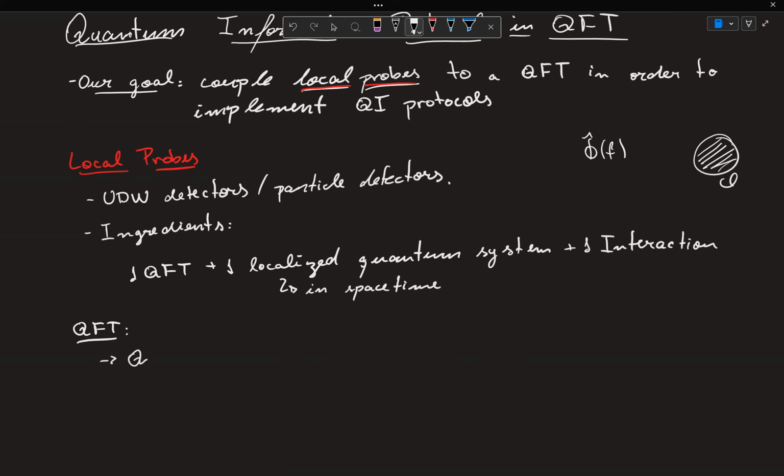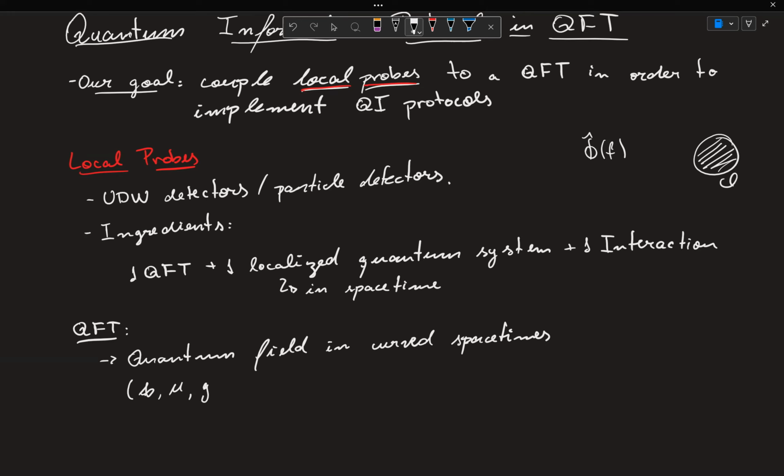We need a quantum field. We're going to follow the algebraic formulation that we reviewed yesterday. So quantum field in curved spacetimes. Basically, we have this algebra of observables, or this association of algebras of local regions to algebras of observables.